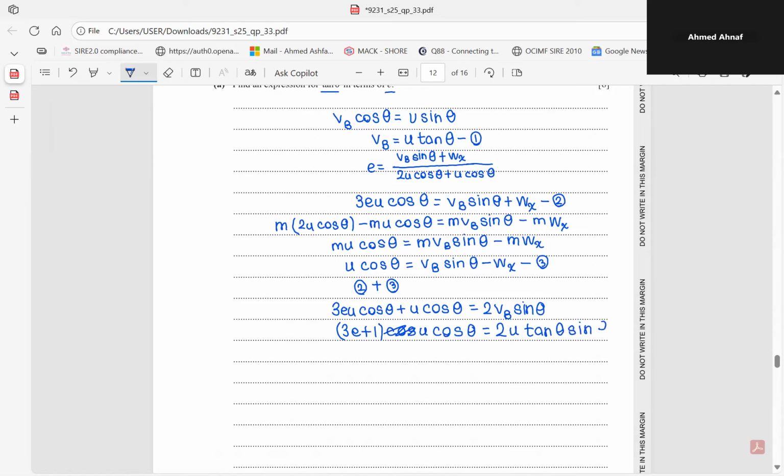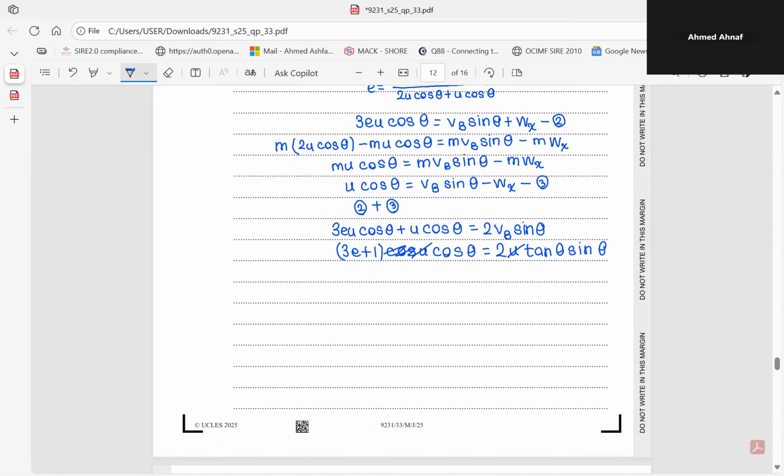Let's just leave it like this for now. So the u's cancel out. Let's just isolate the tangent theta. So tangent theta would be equal to (3e plus 1) times cosine theta over 2 sine theta.